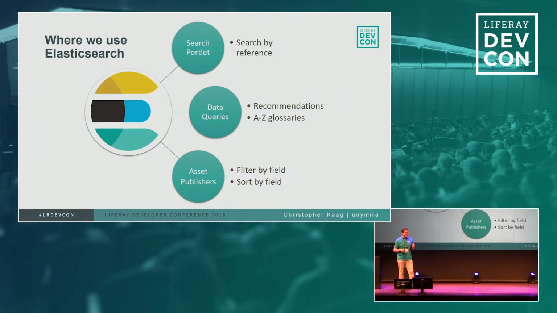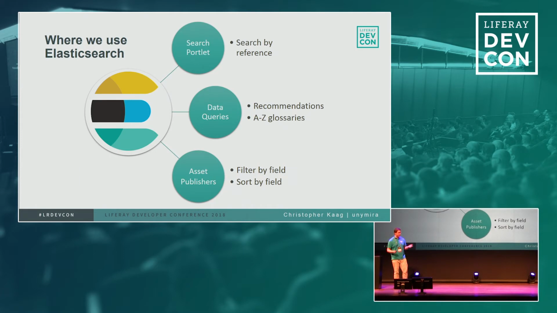It filters by some fields in the Elasticsearch index, and it sorts by some other fields. The whole configuration of the asset publisher is just hiding the fact that you reference fields by name in the Elasticsearch index. And if you introduce your own fields, as we have done in some cases, you can just configure your asset publisher to be filtering on those new fields.